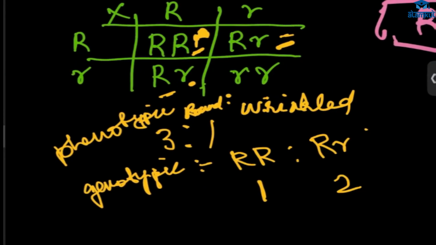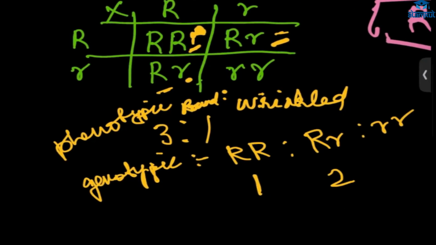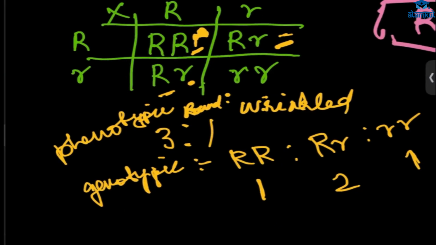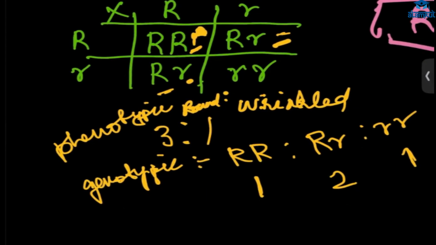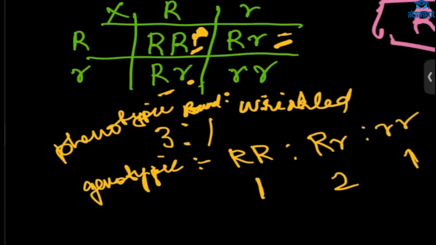And next, small r small r: how many? One. So the genotypic ratio is 1:2:1, and the phenotypic ratio was 3:1. Got it? Genotype and phenotype.